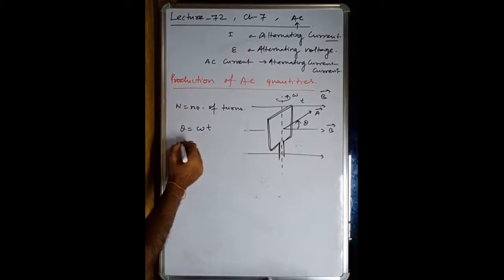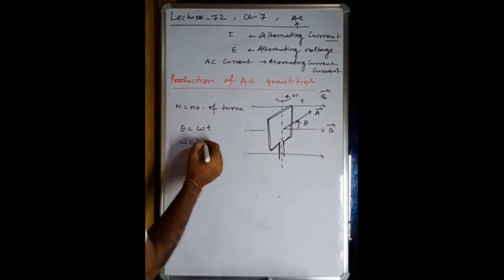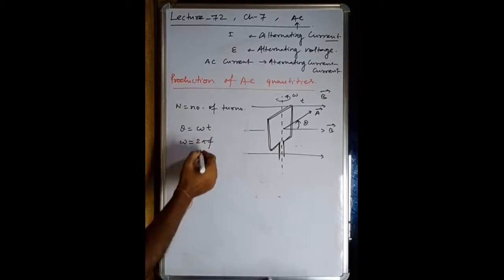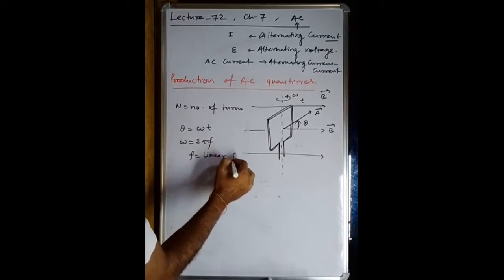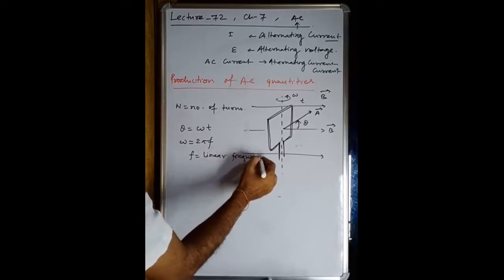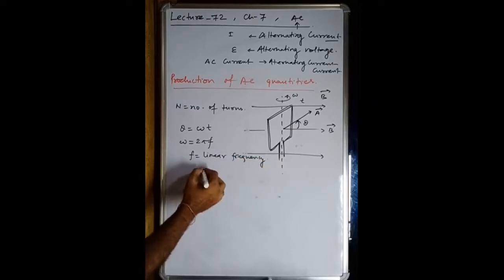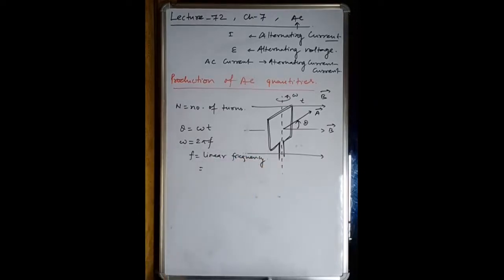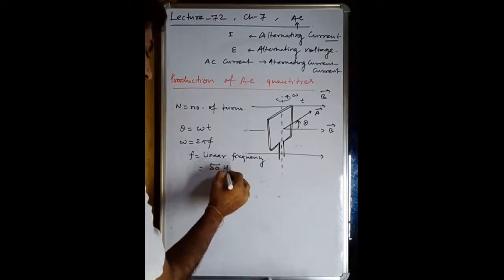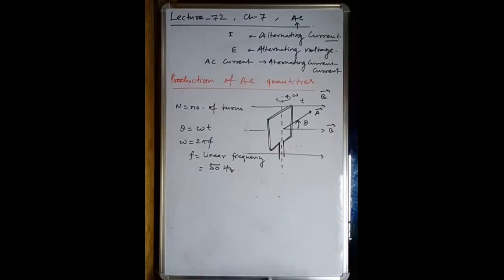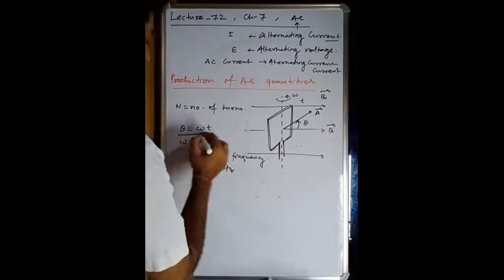Remember, this omega can be written as 2 pi f, where f is the linear frequency. In our country India, the value of linear frequency of AC is 50 Hertz. However, this theta can be written as omega t.